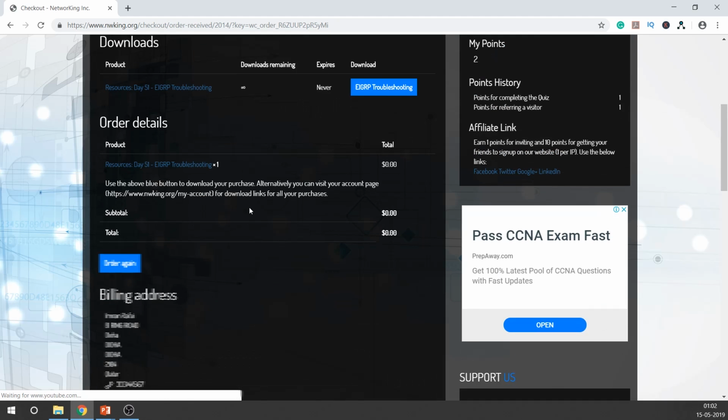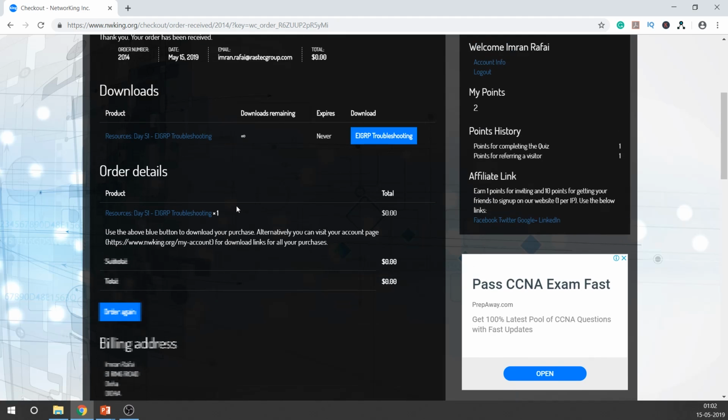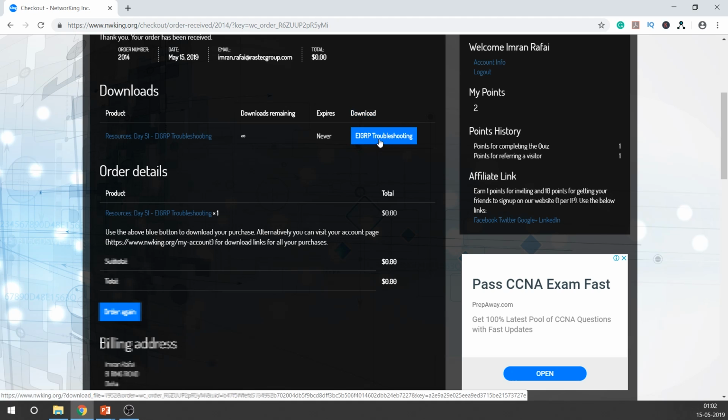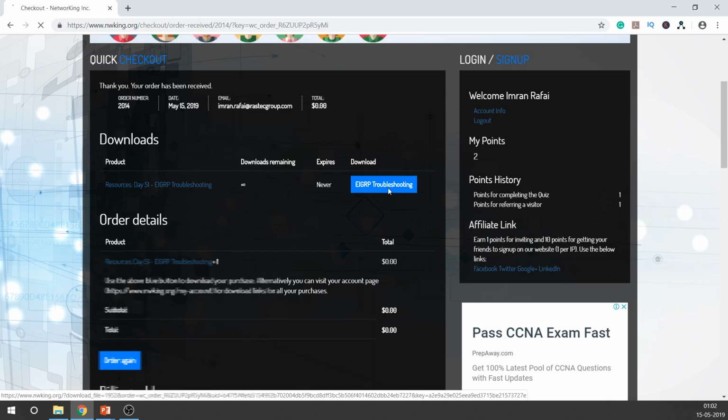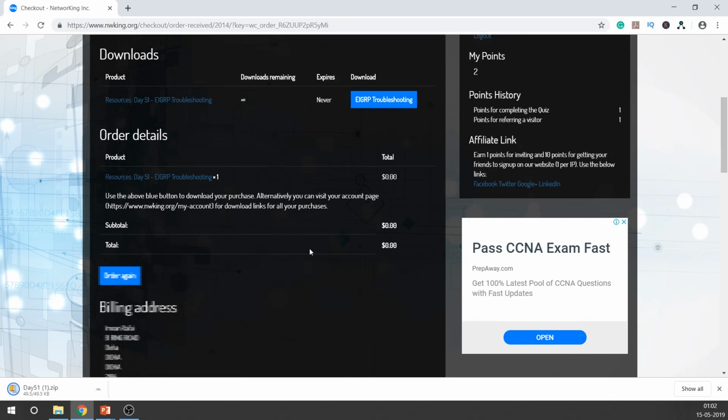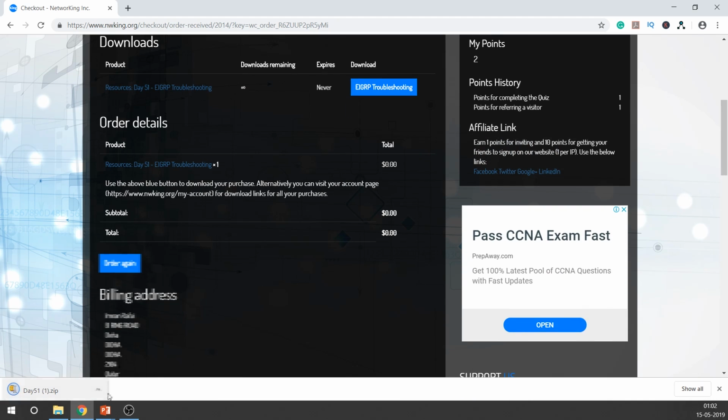At this stage, a lot of people send me emails asking where is the download. This is the download button, a big blue button. Just click on that button and you can download whatever you purchased.